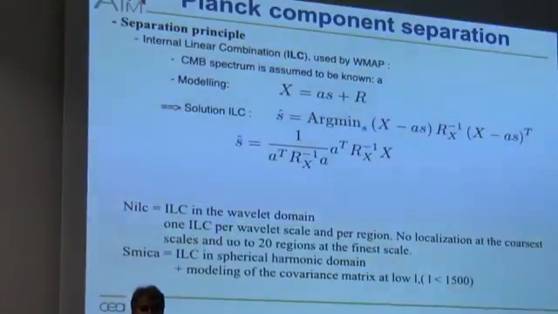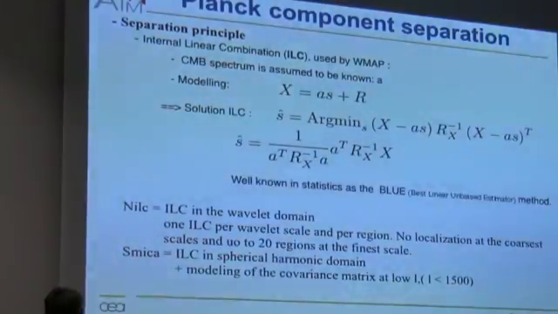Okay, in practice it's not Gaussian because dust emission is not Gaussian, but you can assume it's Gaussian, and then you get some linear estimator and you get this kind of relation, and you can get the CMB map this way. There are 2 ways to do it, in the wavelet domain or in the spherical harmonic domain, and then you get 2 different solutions. This estimator is very famous in statistics; it's called the BLUE estimator.